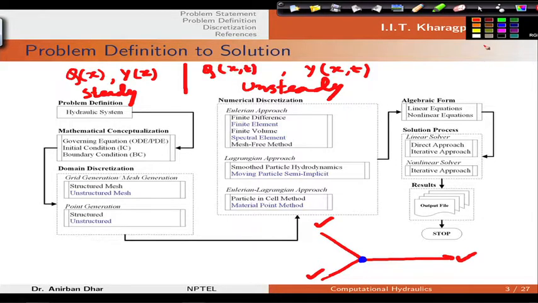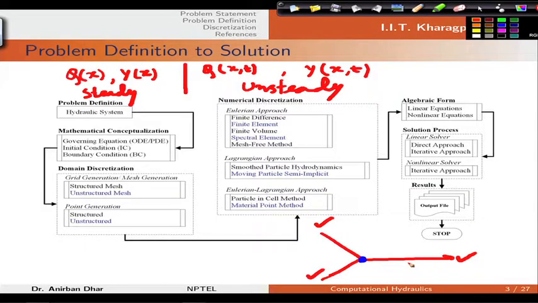Now, as per conceptualization in steady state flow situation or steady state channel network situation, we have considered different Q values for different channel reaches.